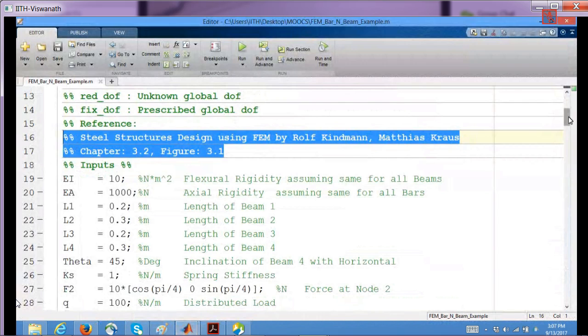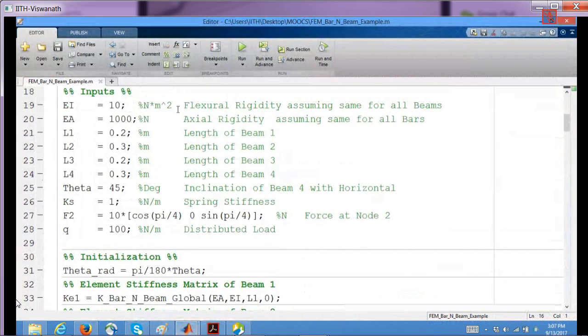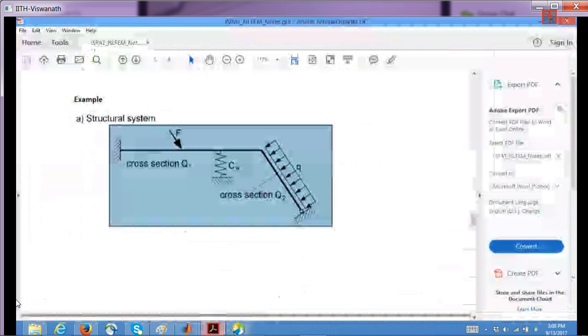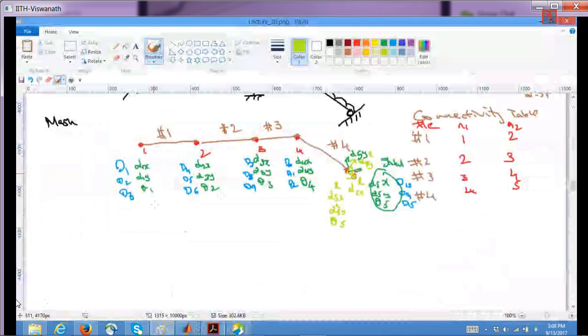Let us consider the inputs for this problem. I'm considering my flexural rigidity as 10 in SI units, and axial rigidity as 1000. The length of the first element is L1, the element 2 length would be L2, element 3 is L3, and element 4 is L4.